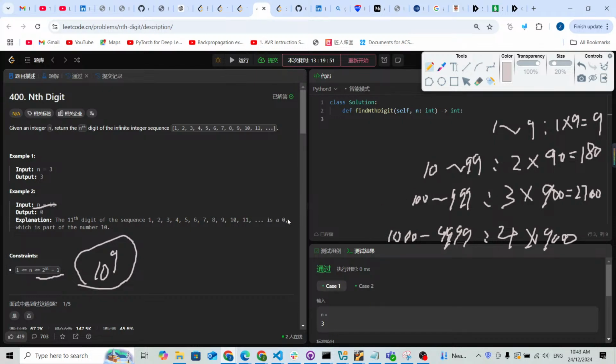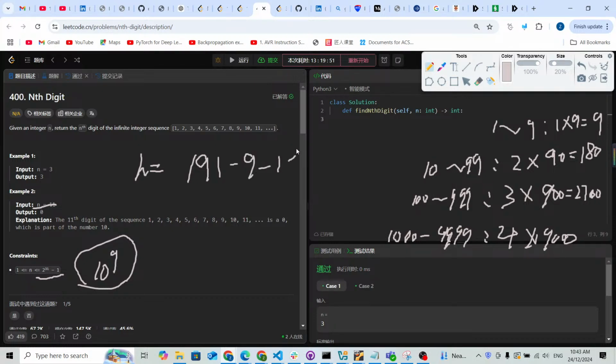So let's just use an example. Maybe this is 180. Maybe let's just use 191. So what about n equals 191? First of all, we're going to minus this 9 and minus this 180.